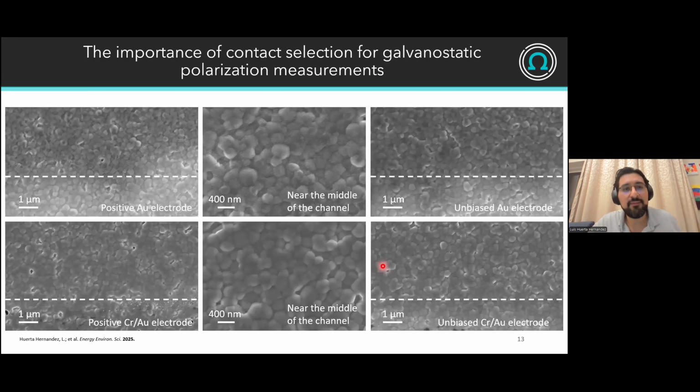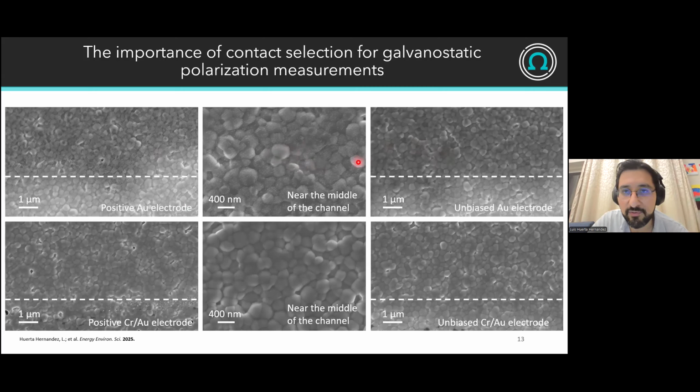And we looked a bit deeper into this, and we actually saw that when you polarize these samples after a galvanostatic measurement, and when you have the gold electrodes, for example, you see these white particles on top of the surface. And even if you go to near the middle of the channel of our films, you see also these white particles. And this is an unbiased electrode.